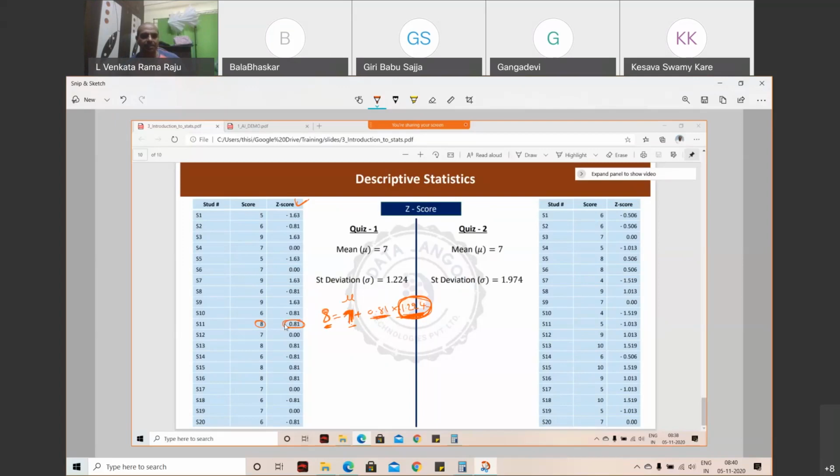Somewhat, sir. Yeah, it takes time. Rama, here we have two things, score and Z-score. So how to derive Z-score from the mean and standard deviation? I'll tell you how to derive. First, you need to understand the importance of the metrics. In this formula, we have the mean and we have the standard deviation.